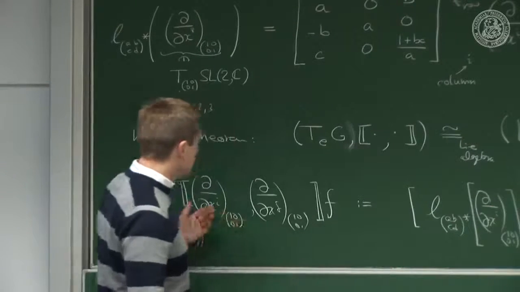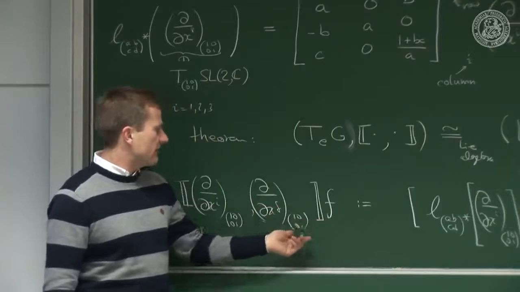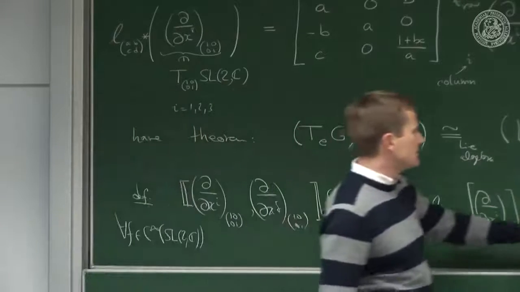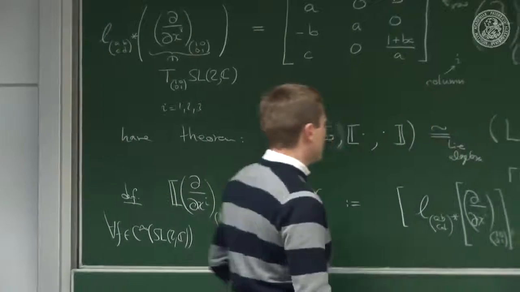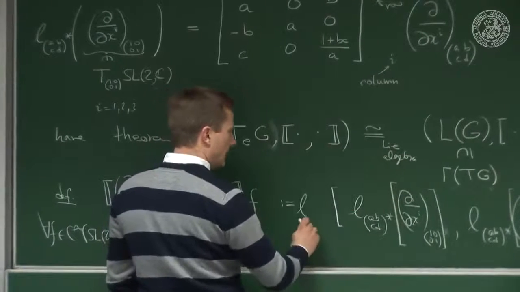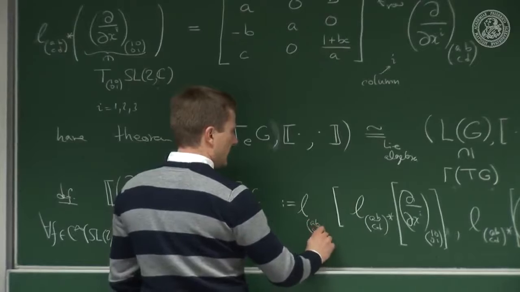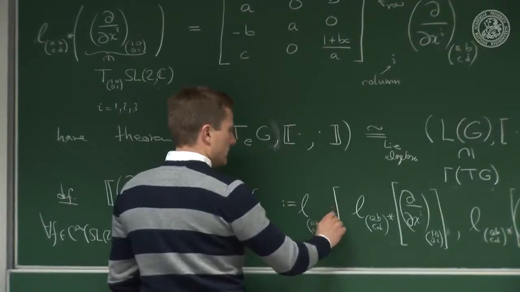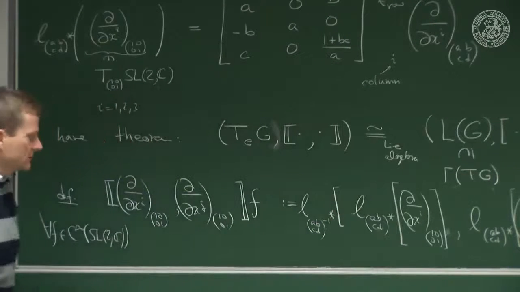But now this, of course, yields the derivative of f at the identity. This yields the derivative of f everywhere. Last time I indicated that one possibility to remedy this is that before we act on f, we actually have this pushed the opposite direction.